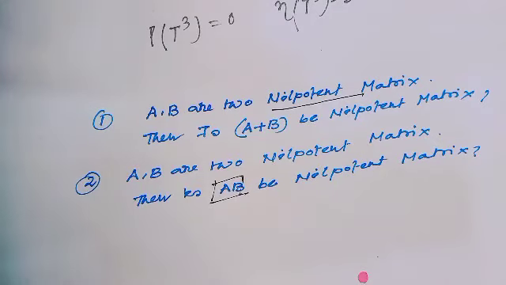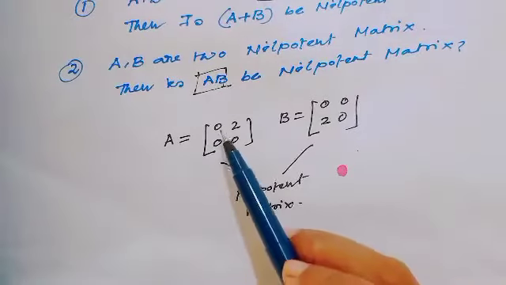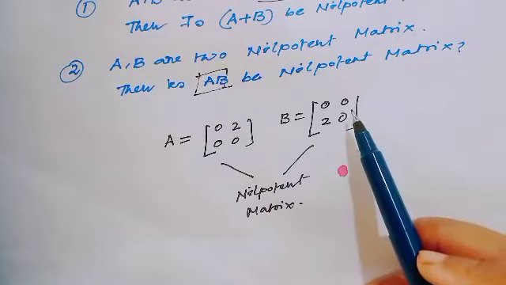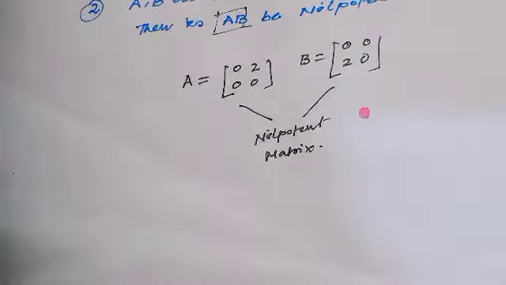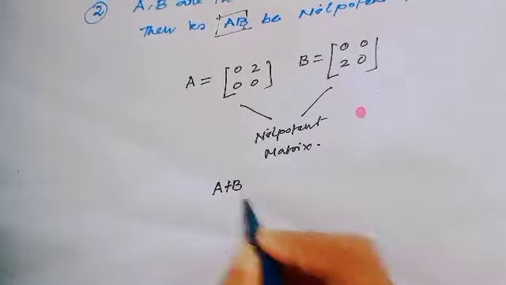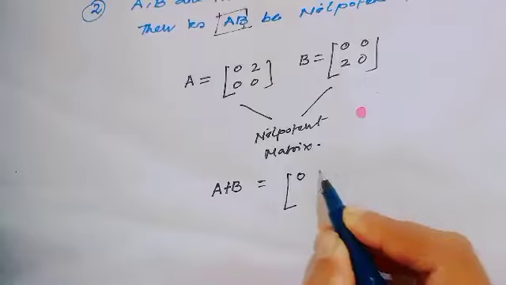Let's see this expression at first by an example. Consider two matrices A and B. Notice here A is strictly upper triangular and B is strictly lower triangular. Means obviously A and B are nilpotent matrices. Now I will say their sum is not a nilpotent matrix because A plus B would be 0, 0, 2, 0, 2, 2.